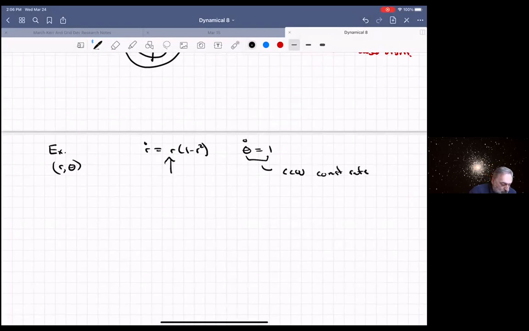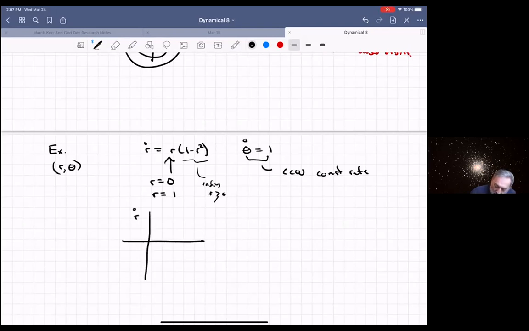But here, I see that if r is 0 or r is 1, we have fixed points. r is the radius, right? So it has to be greater than or equal to 0. At r equals 0 and r equals 1, I have fixed points.